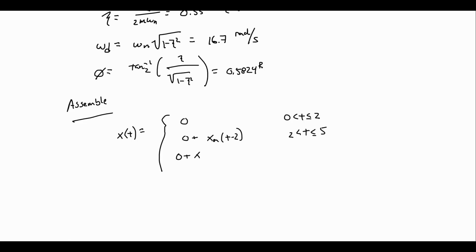Then x on of t minus 2 plus x off t minus 5 from 5 to 7 seconds. And then from 7 to 10 seconds, it will be everything above. So I'll copy that. x on t minus 2, x off times t minus 5.